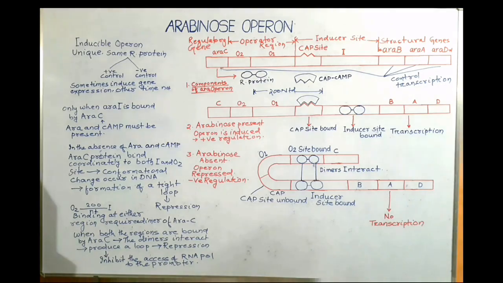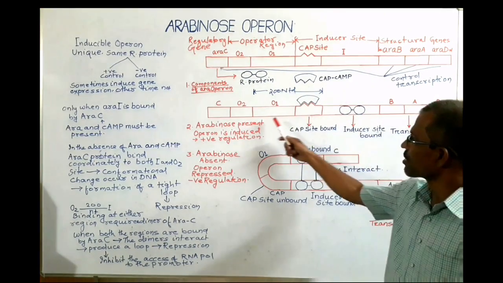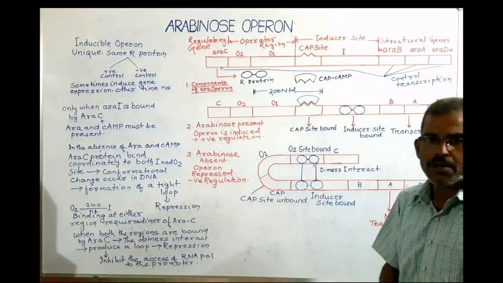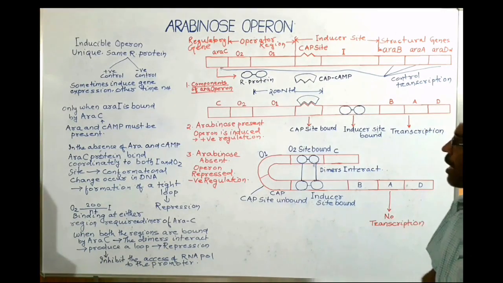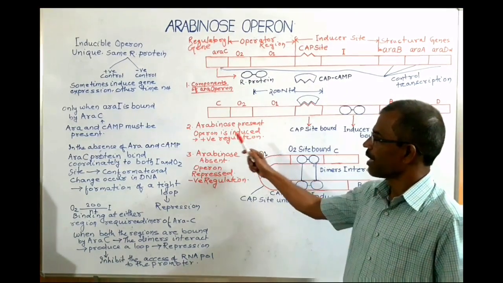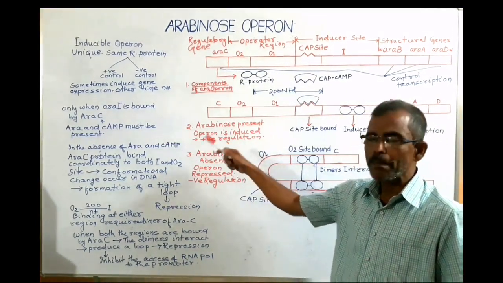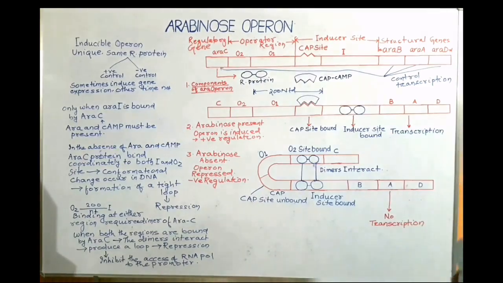So there is gene expression and these three structural genes are expressed, which leads to the production of the enzymes that are responsible for the metabolism of arabinoids. This is about the induction of the araOPERON. So araOPERON is induced when arabinoid is present and cyclic AMP is also present.